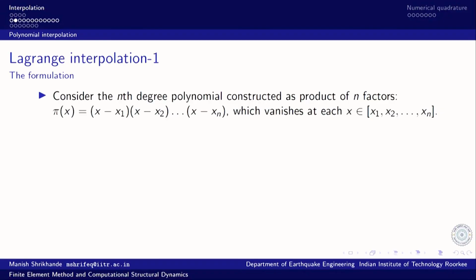Those details are left out in the Weierstrass theorem, but the theorem is of course true. Theoretically, an infinite basis should be able to approximate any function. So, we consider first the simplest of all polynomial interpolation, that is Lagrange interpolation.